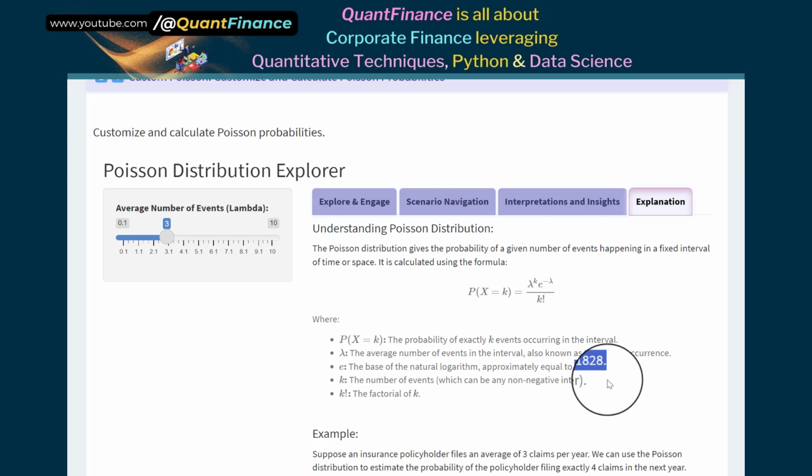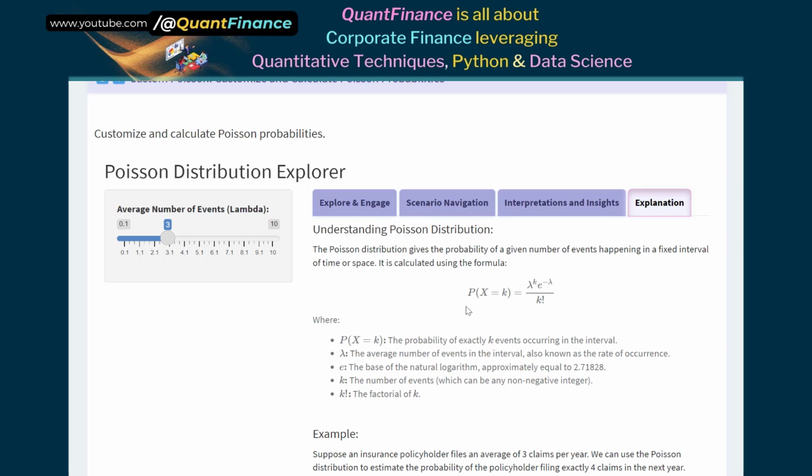And k is the number of events, which can be any non-negative integer. And k factorial is the factorial of k, which means multiplying all the whole numbers from 1 to k. So this is how we understand the formula.